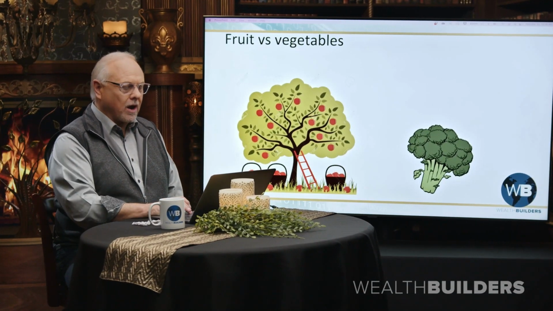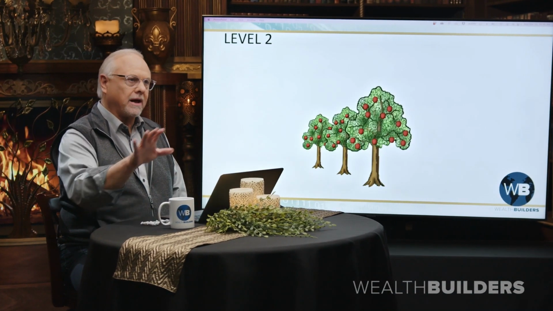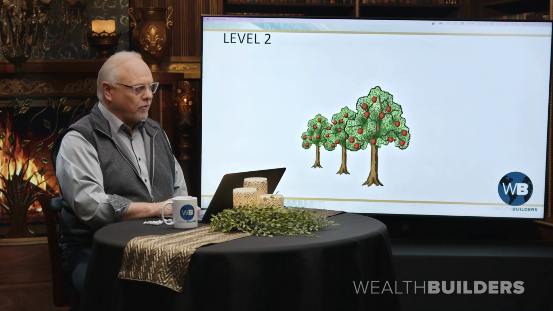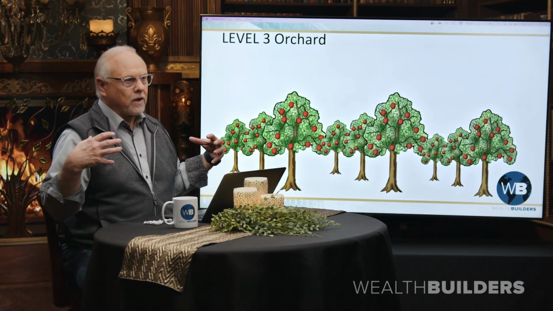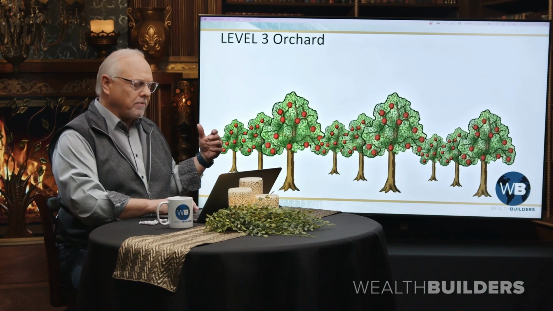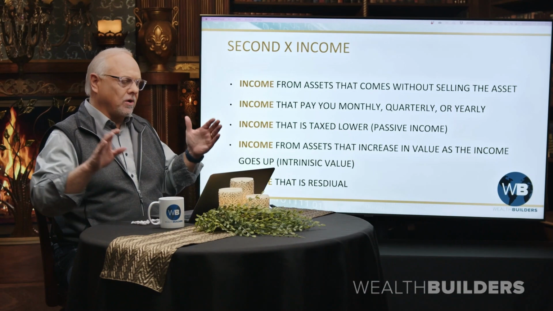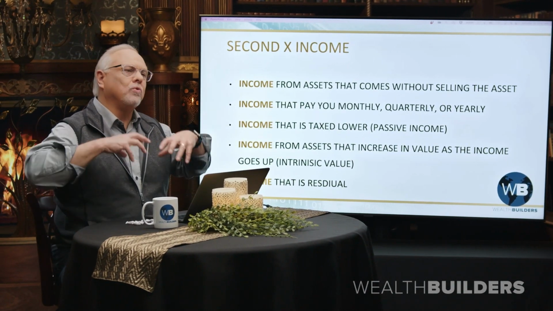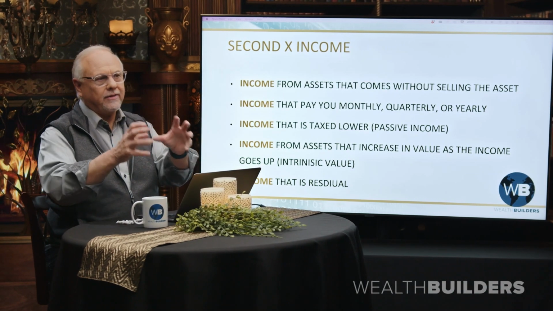My goal is to get several apple trees when we talk about this law of income. If you really want to build wealth, then what you're really talking about is getting an orchard, right? So we're talking about income that comes from assets, without selling the asset, without killing the apple tree.